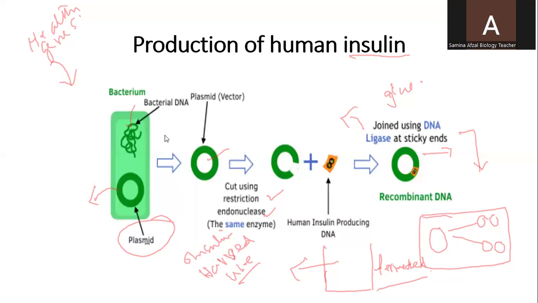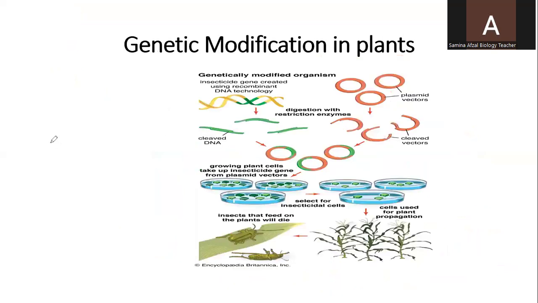And the same techniques can be used in the production of different types of genetically modified plants. Here I would like to give one example. A genetically modified organism which will have insecticide resistant genes can be produced by the same technology.